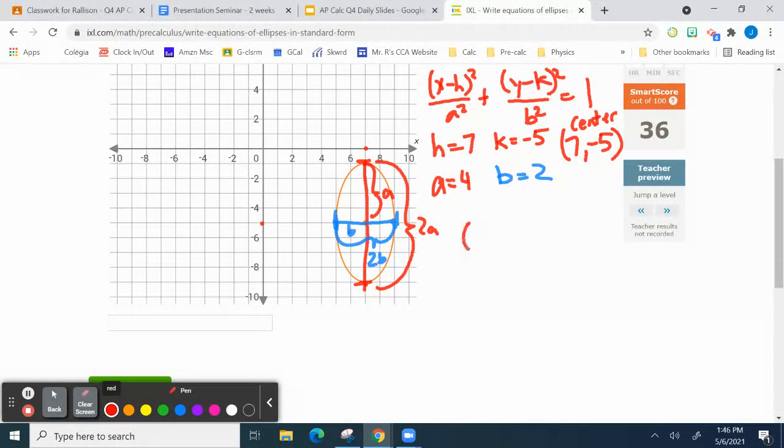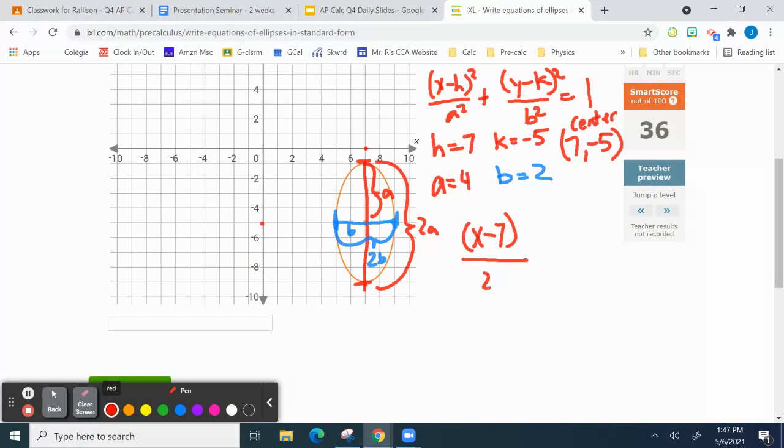So we're going to do this. It's going to be x minus h, which is 7, over the b term, right? Because the y dimension is longer than the x dimension is wide. So the shorter one is going to go under here.